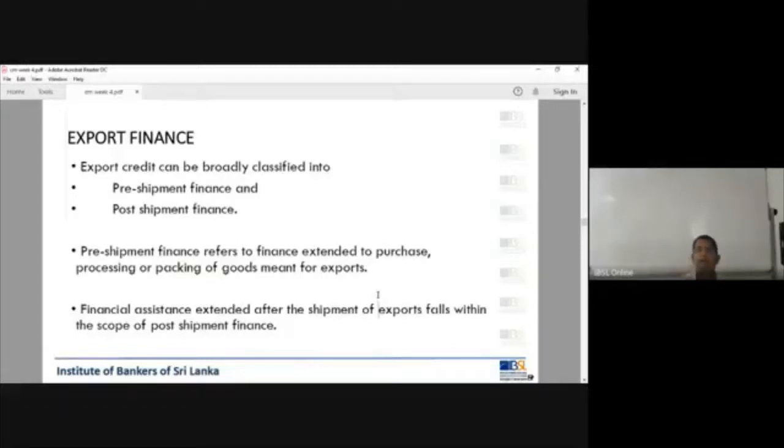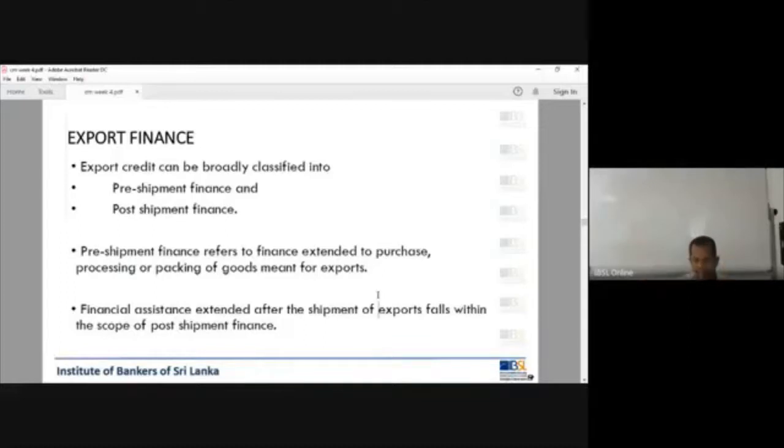Right? Once the goods are prepared and sent to the export customer, like when we ship the goods, now the goods have gone out of our border. Then it is post-shipment financing. It will take 60 days to reach the goods and payment will come after 60 days.